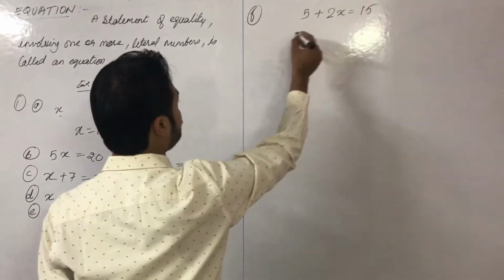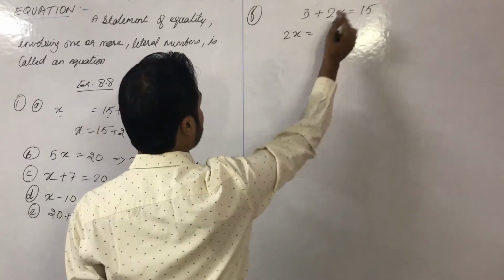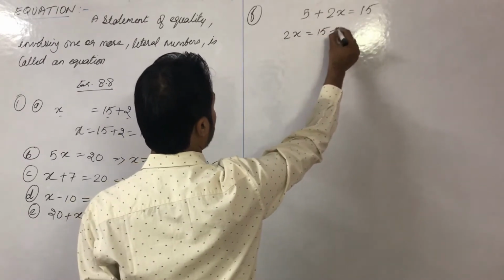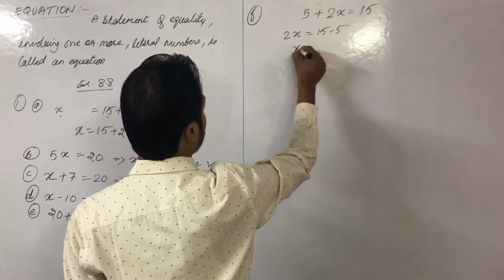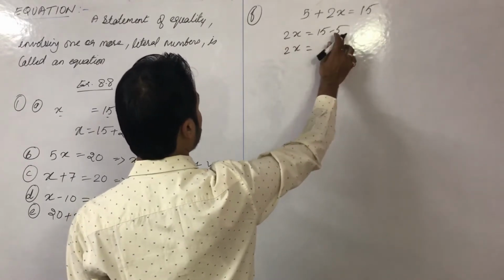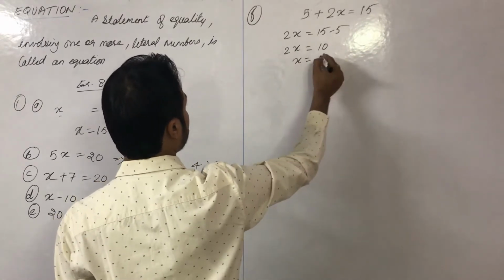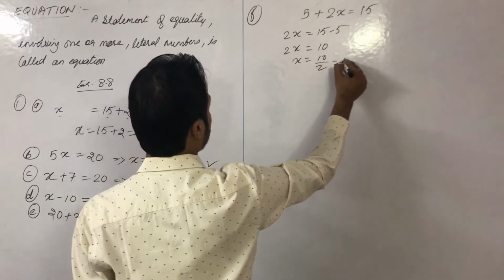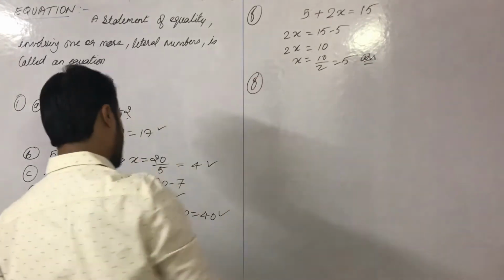So this is the equation. To find the value of x, we change the place of 5 first. So 15 minus 5; here it is positive, it becomes negative. In the next step, 2x equals 15 minus 5, which is 10. Again in the next step, x equals 10 by 2 equals 5. So 5 is the correct answer.